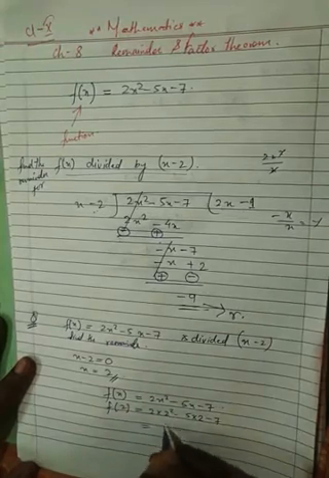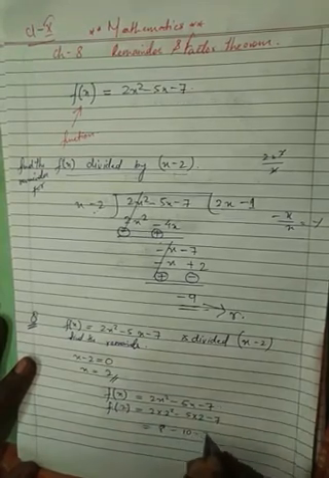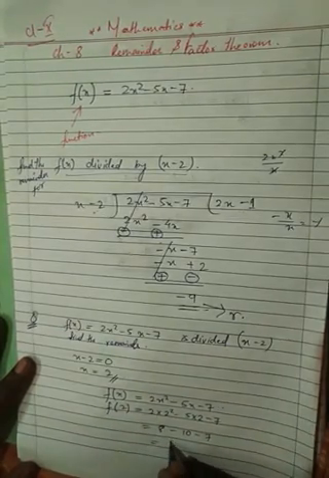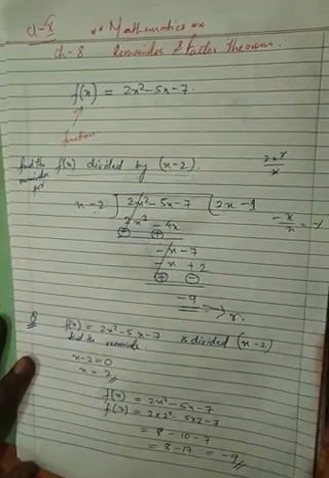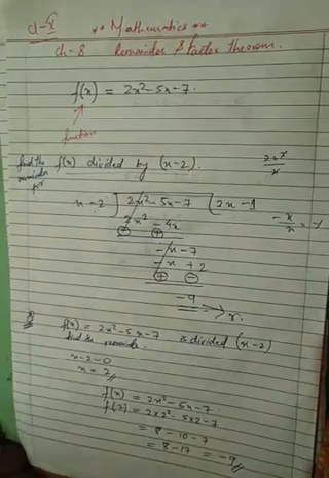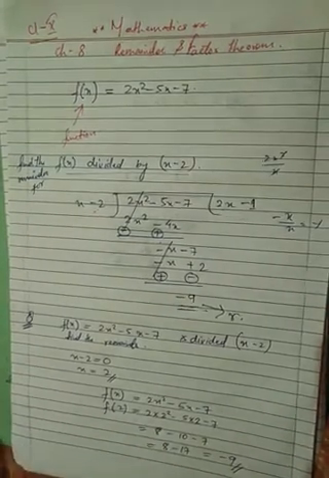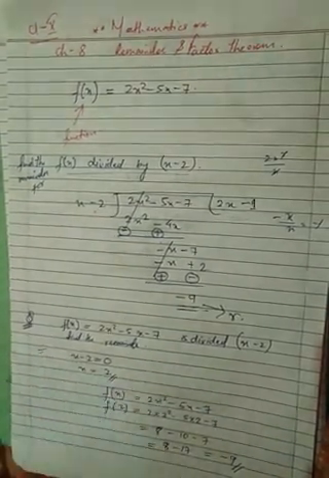That gives 2 into 4 is 8, minus 10, minus 7, which is 8 minus 17, giving minus 9. So this is how you can find the remainder. This is called the remainder theorem.